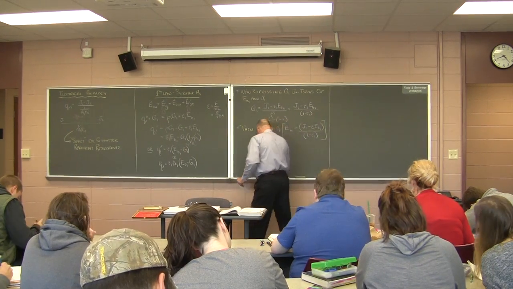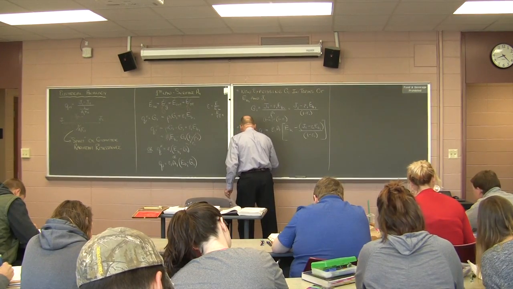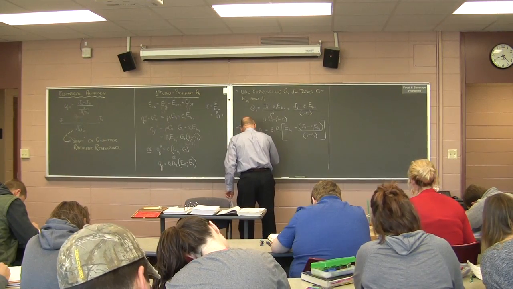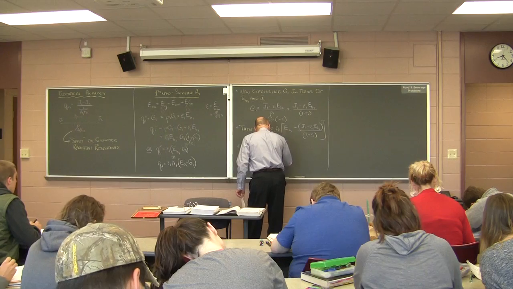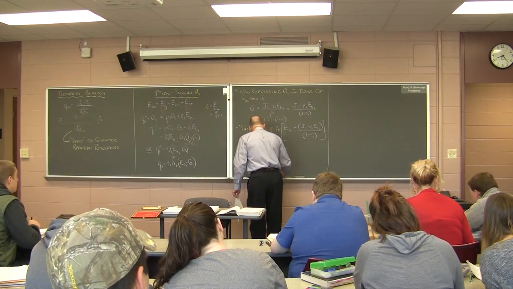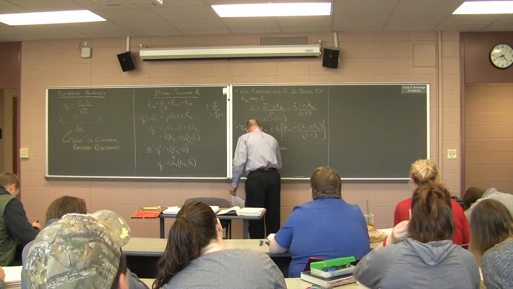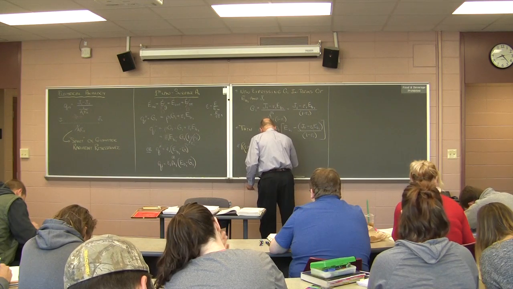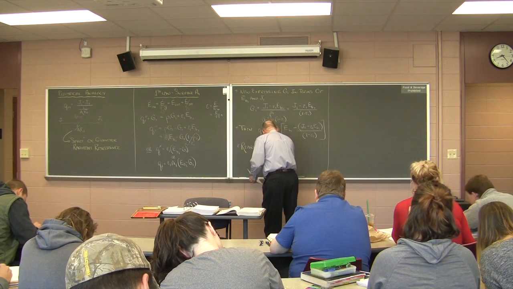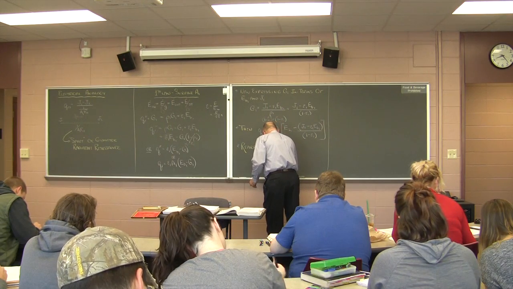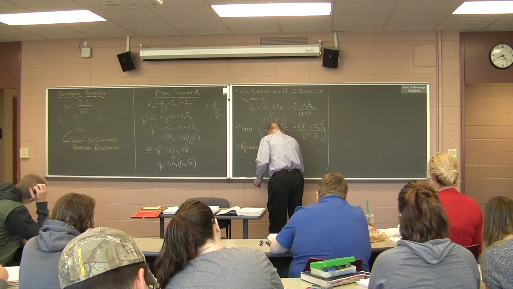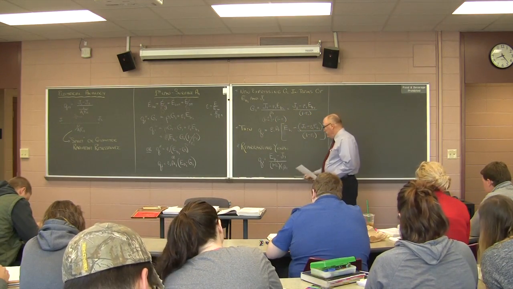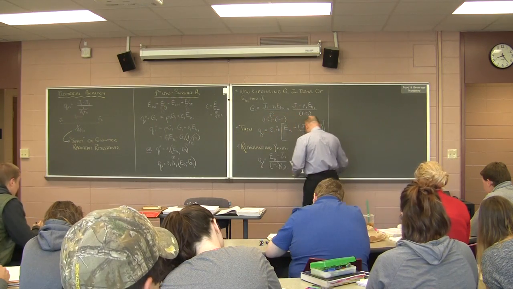And rearranging, we get the following result. Q1 is equal to EB1 minus J1, over 1 minus epsilon 1 divided by epsilon 1 A1. And we're now going to do the same thing. We're going to draw another circuit.